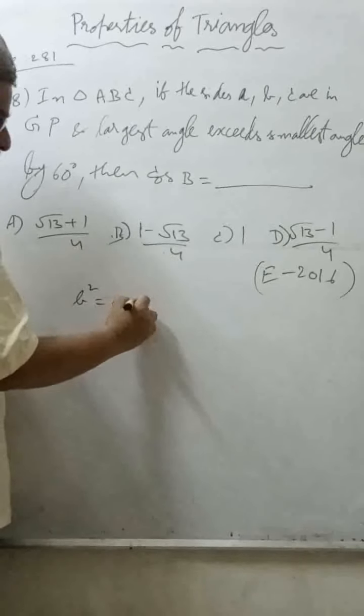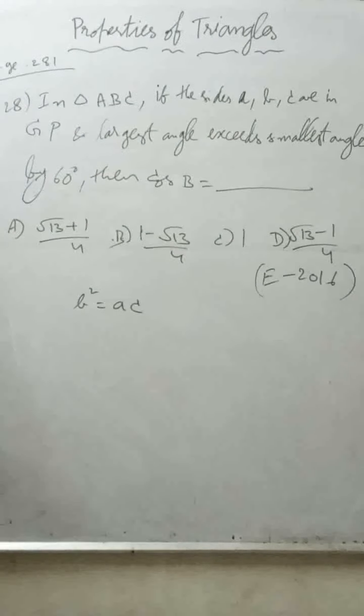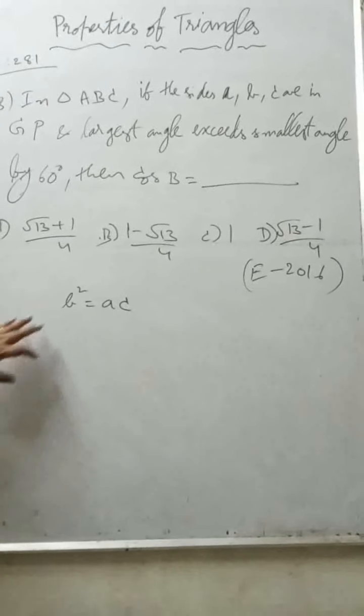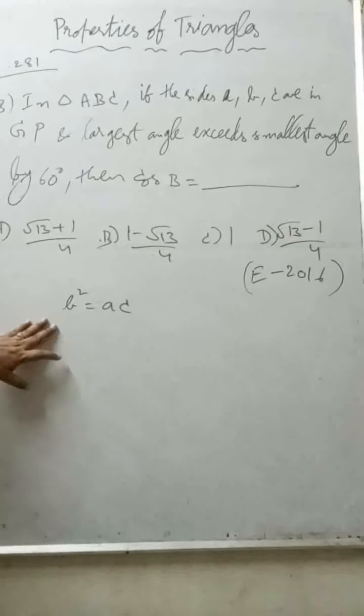And it is asking about cos B, and the largest angle exceeds the smallest angle by 60 degrees. Keep this in mind.